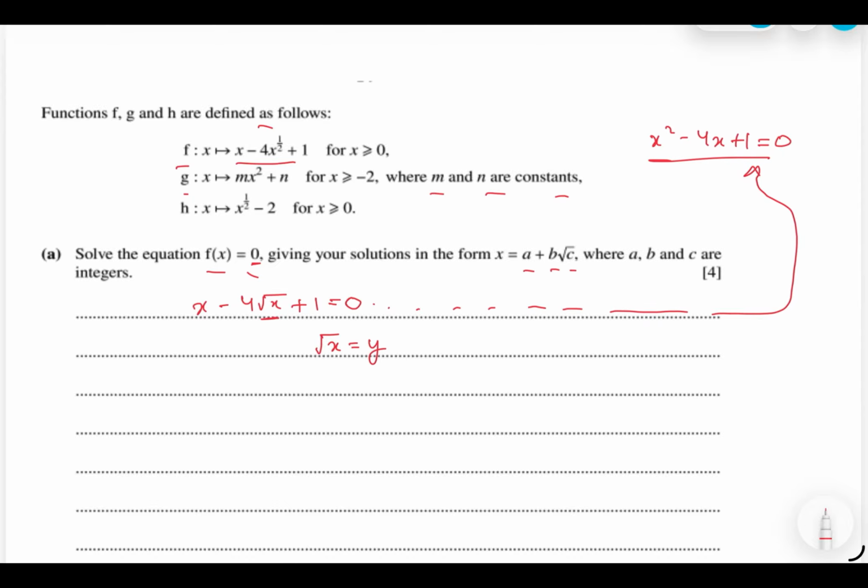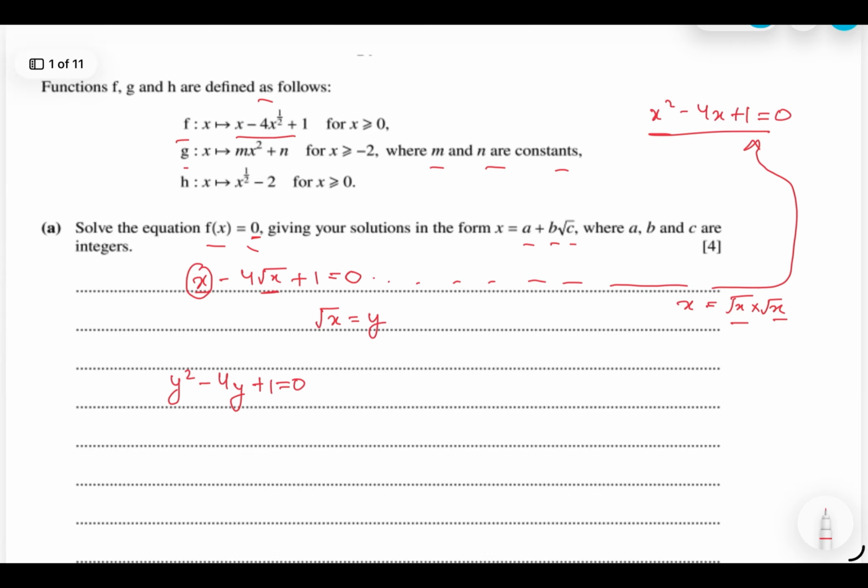You can put it equal to u as well, whichever you feel comfortable with. Now, what is x? x is root x times root x. Agreed or disagreed? Yes, sir. So can I write y times y instead of x, that would be y squared minus 4y plus 1 equals 0. Now you can use the quadratic formula.